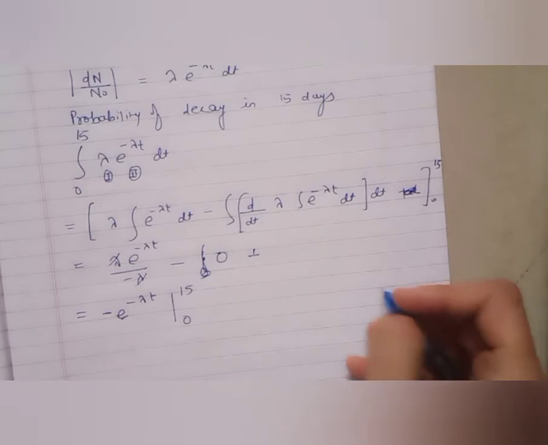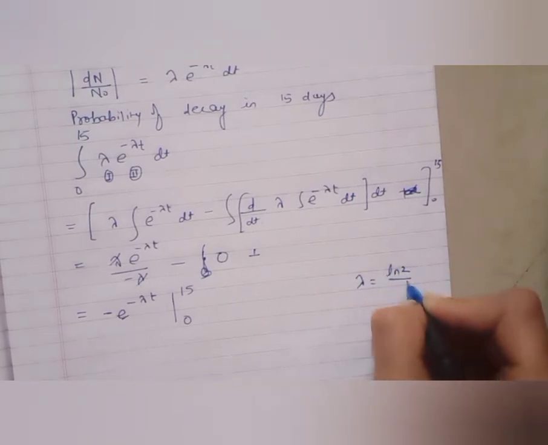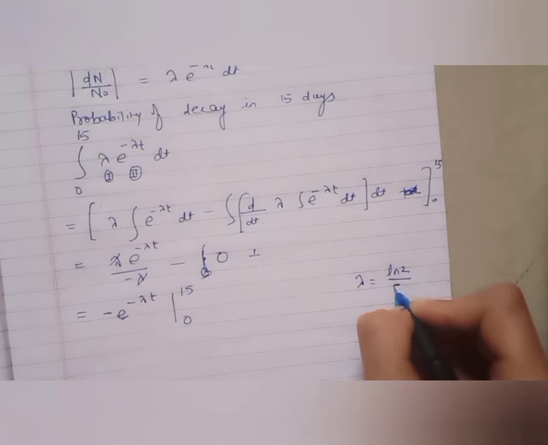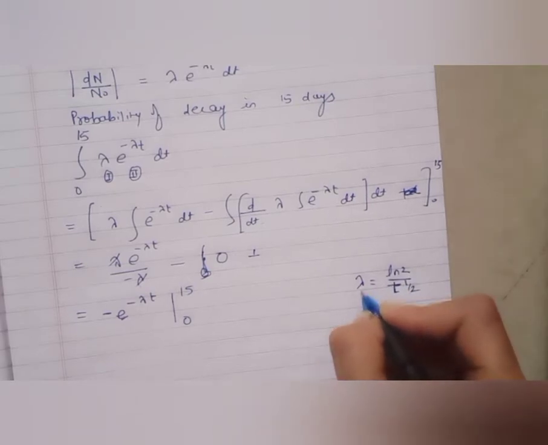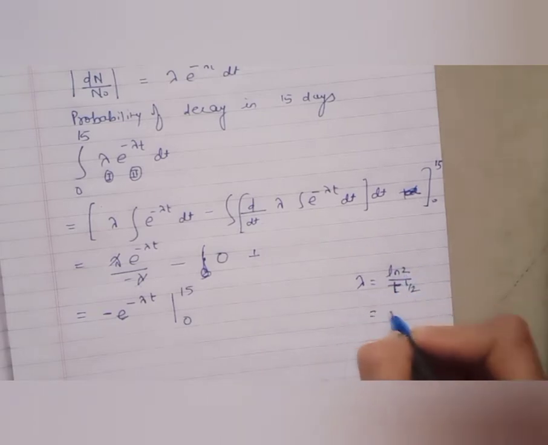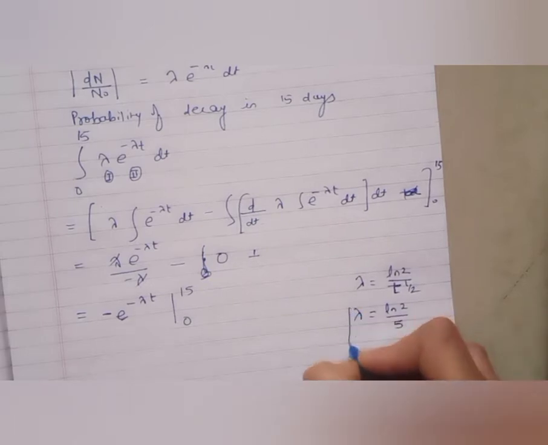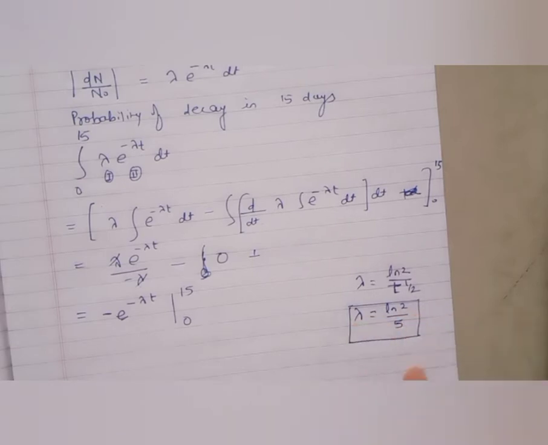And we know that lambda, the disintegration constant, is equal to log 2 upon half-life period. This is the formula. In the numerical they have given the half-life period as 5, so for lambda we will substitute log 2 upon 5.